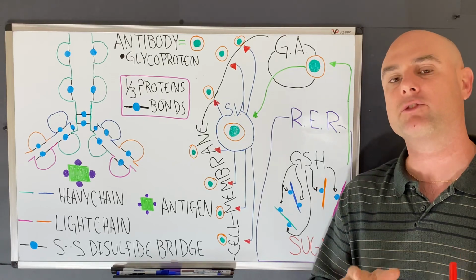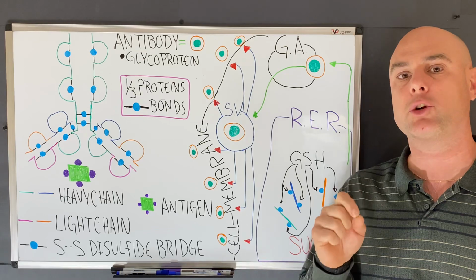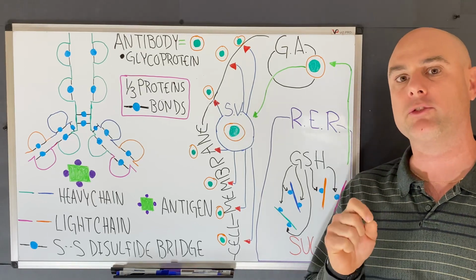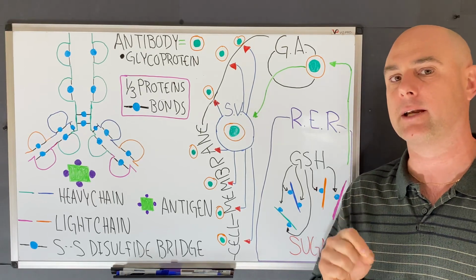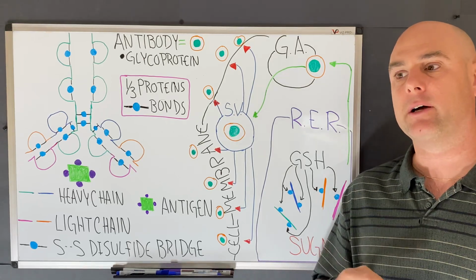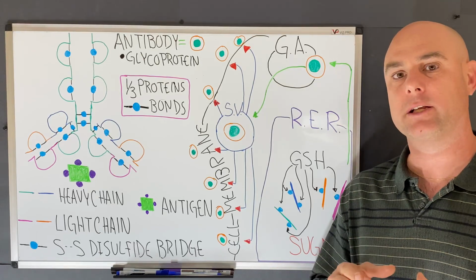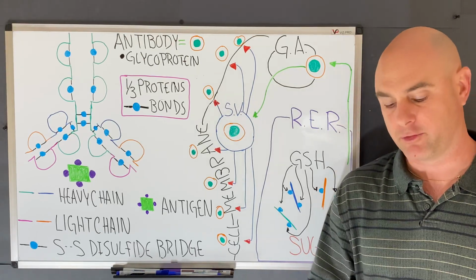Now, plasma cells live roughly 3 days. Nevertheless, they can secrete up to 2,000 antibodies per second. And because of this, plasma cells actually have more endoplasmic reticulum than other types of cells.